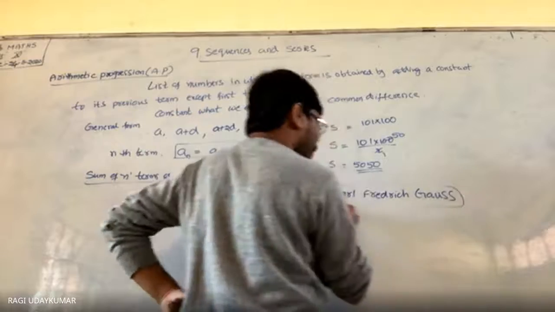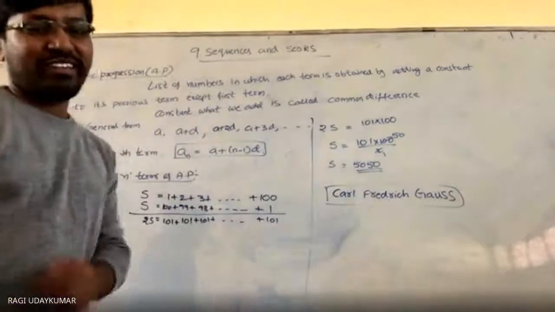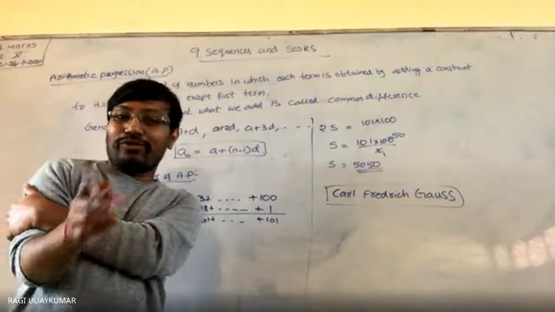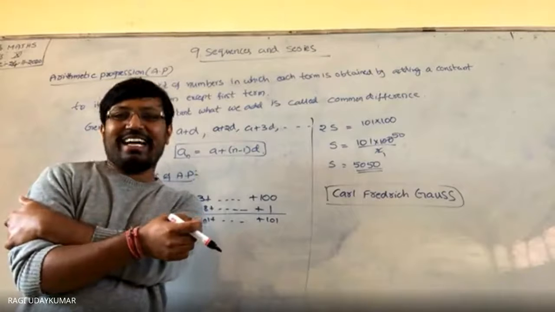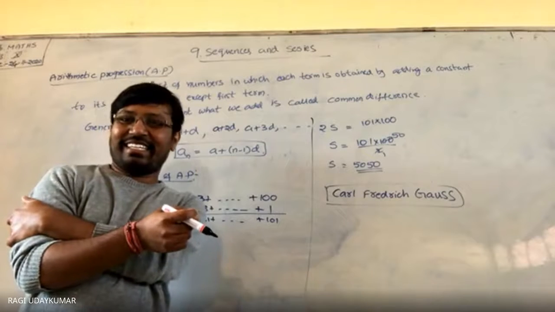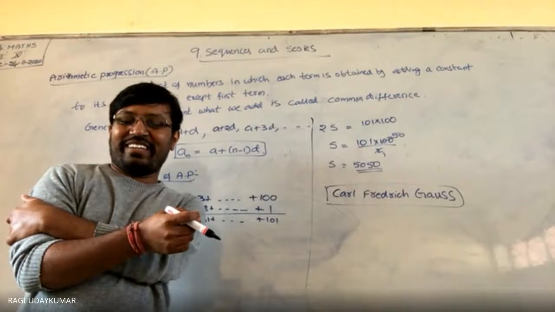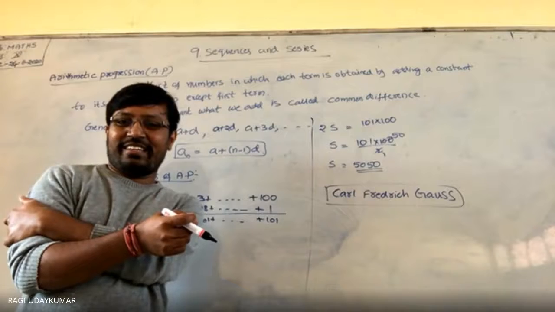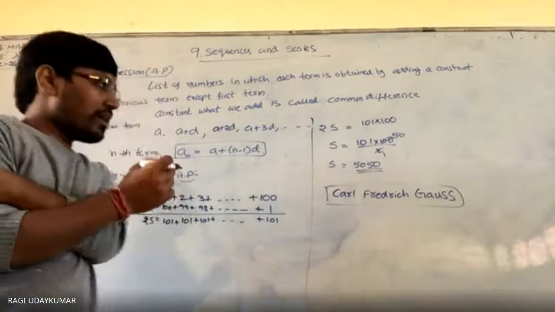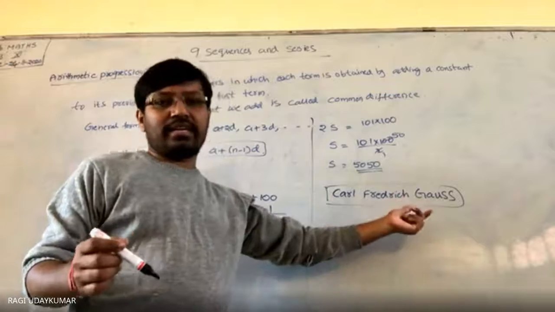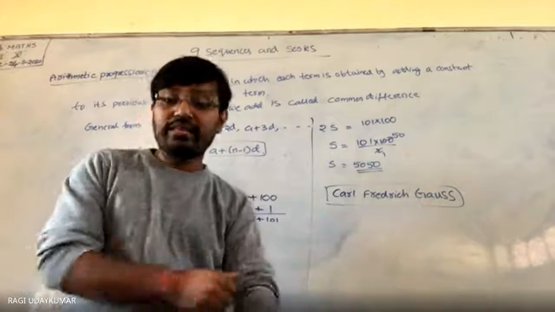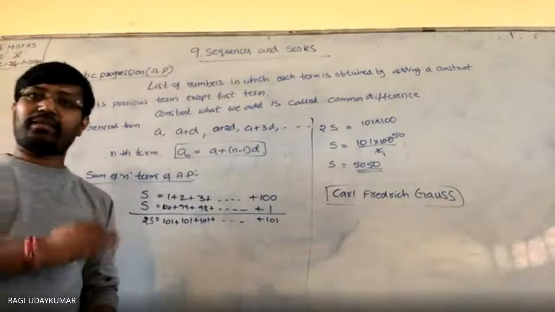Yes, this I told you last year in the 10th class, and I asked you to search it. That's why now you are able to remember. Friedrich Gauss, he is a mathematician.